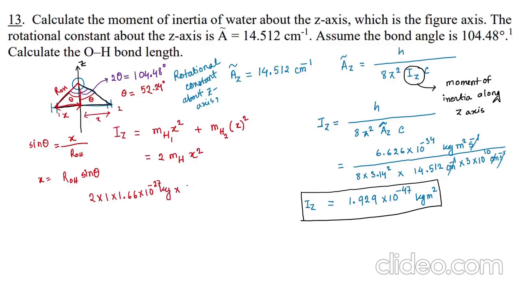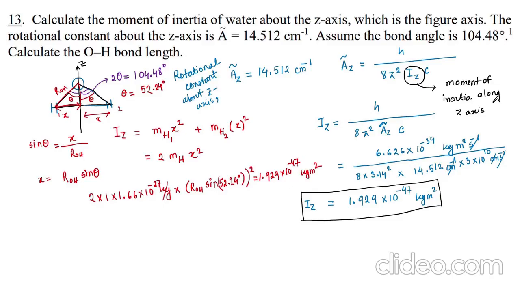For x we already got R_OH sine theta, which is sine 52.24 degrees, squared, and the result is 1.929 times 10 to the power minus 47 kilogram meter square.